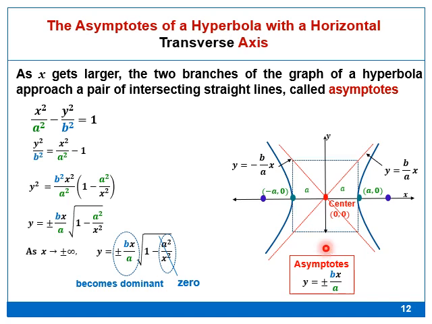What really matters here is how to sketch these asymptotes. A simple way to do this is that we draw this rectangular box. An easy and simple way to draw it is that we go from the center on the transverse axis, a units to the right and a units to the left, and then perpendicular to the transverse axis, from the center we go b units upwards and b units downwards.